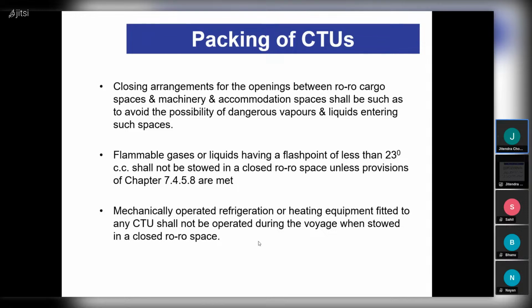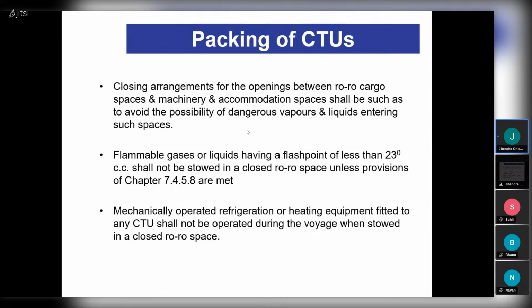So if you have any tank trainers, avoid any vapors, especially when you are loading in a ro-ro ship with a lot of other cars. All cars try to have minimum fuel, but some minimum amount of fuel is there, so all our flammable cargo is there.